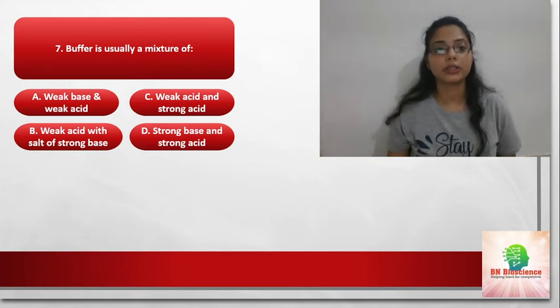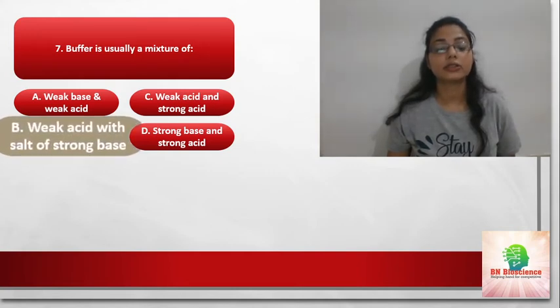So think about it. Our blood is also a buffer solution. So the answer is B, weak acid with salt of strong base. So buffer solutions are usually a mixture and consist of a weak acid with some salt of the strong base.